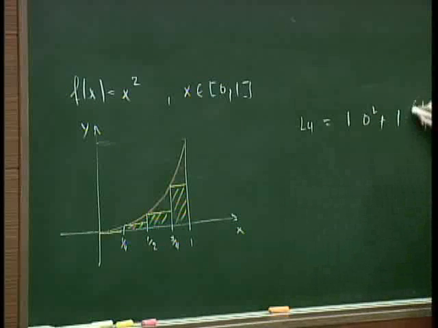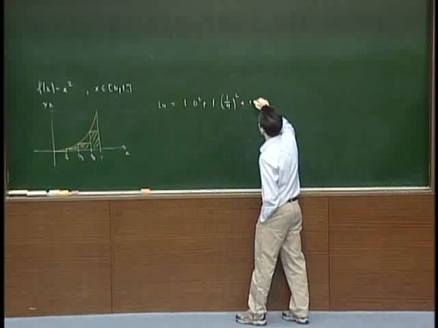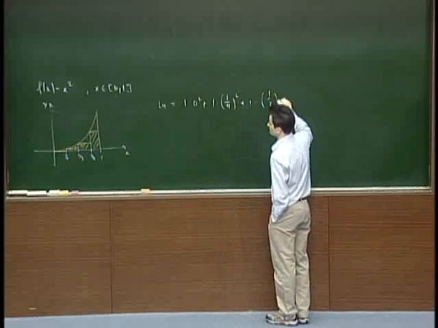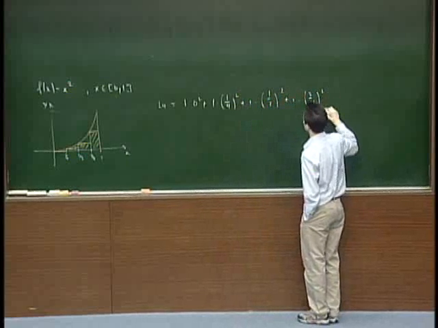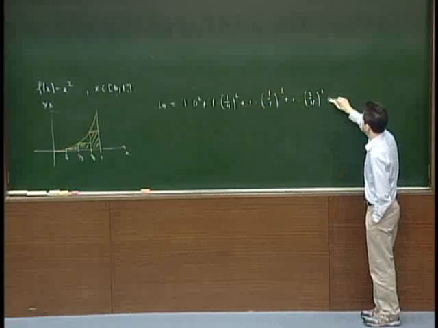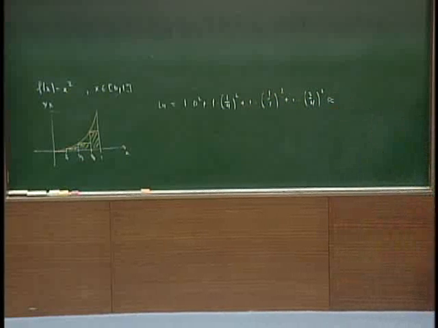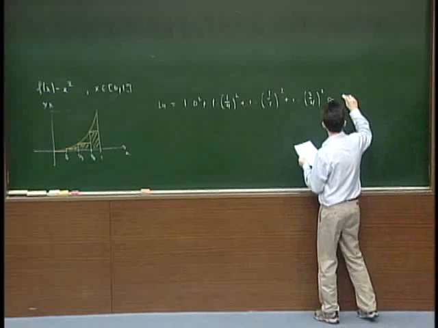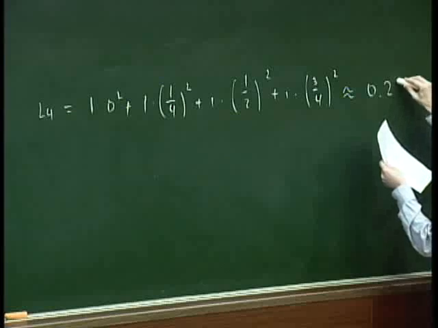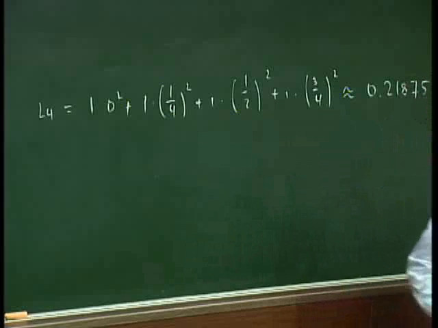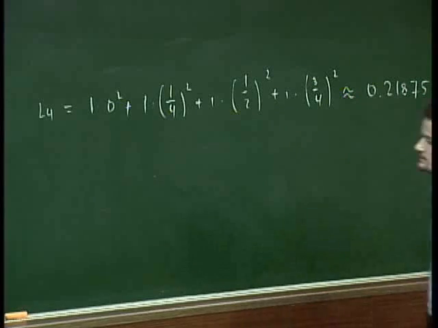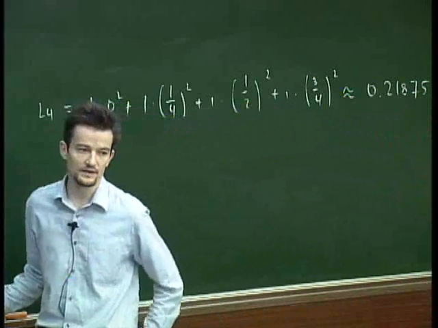You can compute these values, and for this choice of the subdivision, what you get is 0.21875.